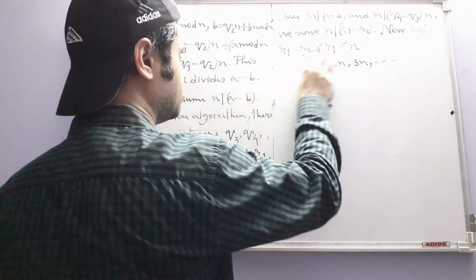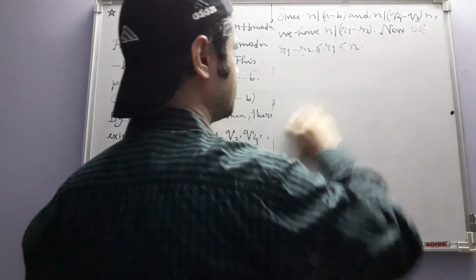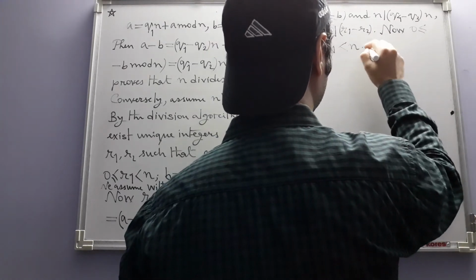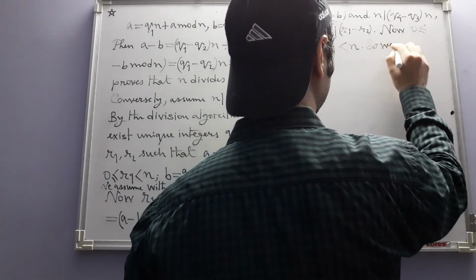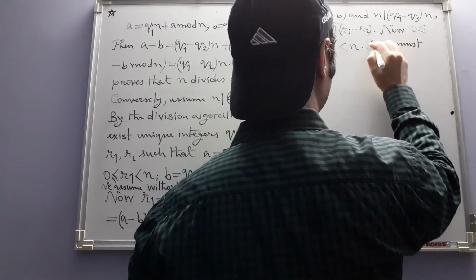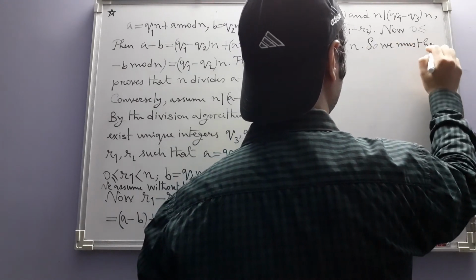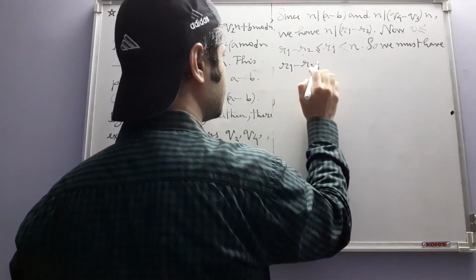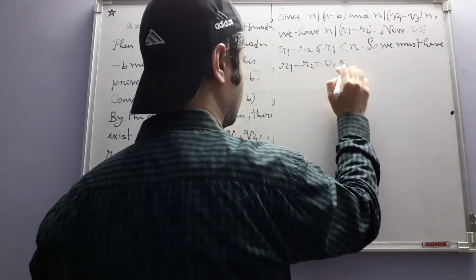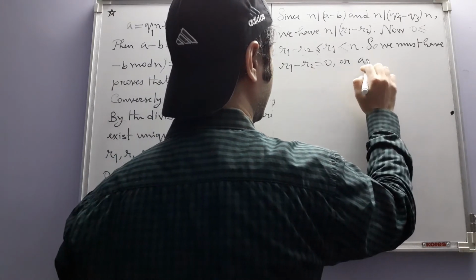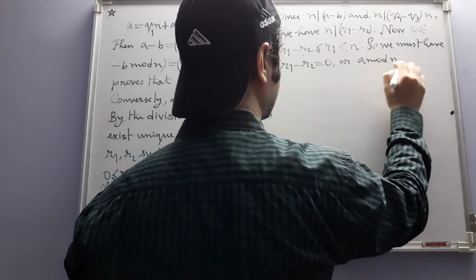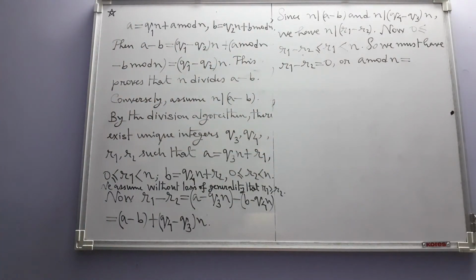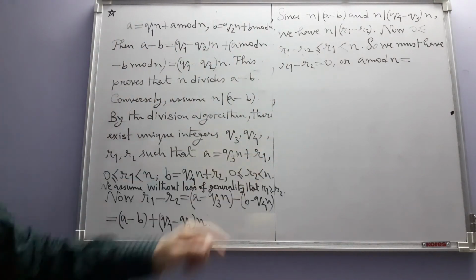So that's why we must have r1 minus r2 equal to 0. a mod n is the remainder when we divide a by n, that is r1.